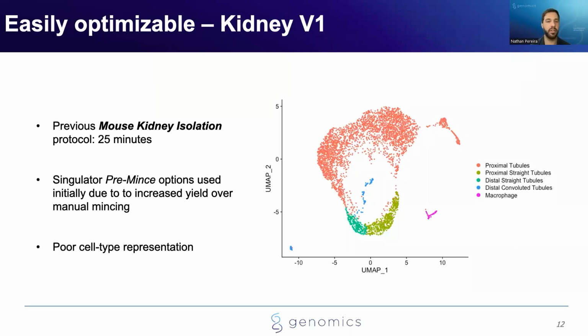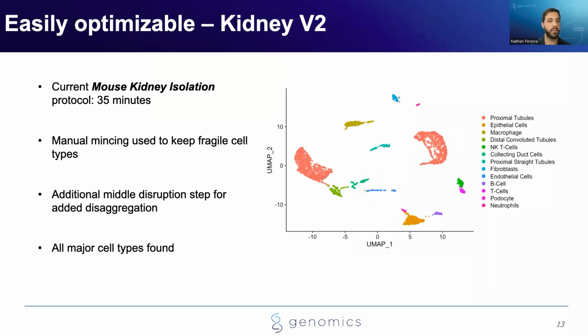But we decided, after doing some research and talking to some customers, to change up the protocol a little bit. And this is after a couple of runs, our V2 protocol. We do manual mincing, increase the incubation time a little bit, and played around with the settings and agitation style. And here's the new sequencing data.